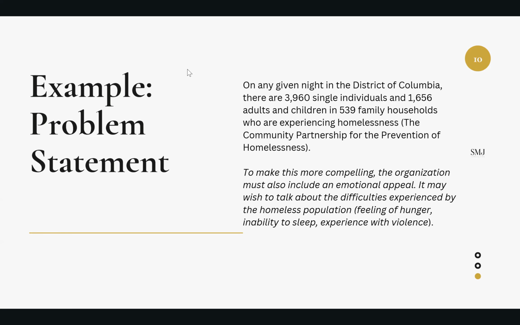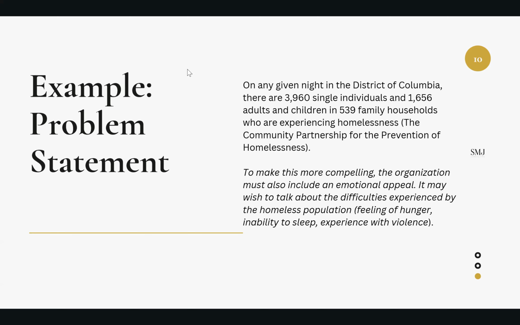One way we can describe the problem of homelessness in the District of Columbia, connecting to the first example that I shared, is to give a brief example of what homelessness looks like.